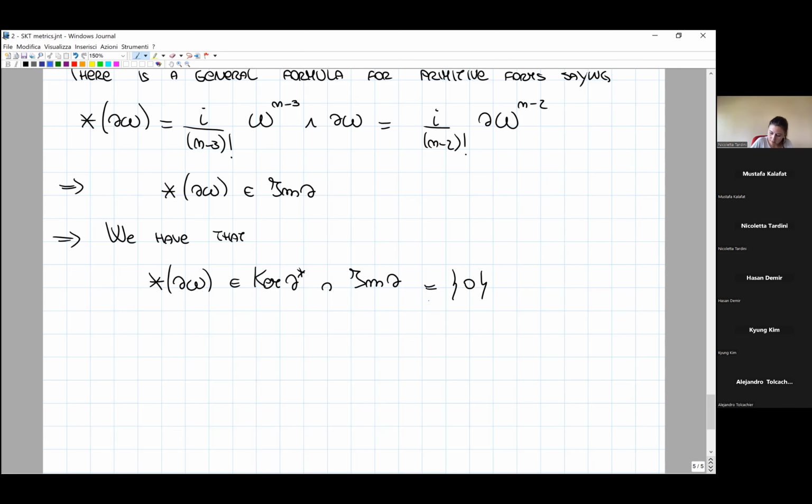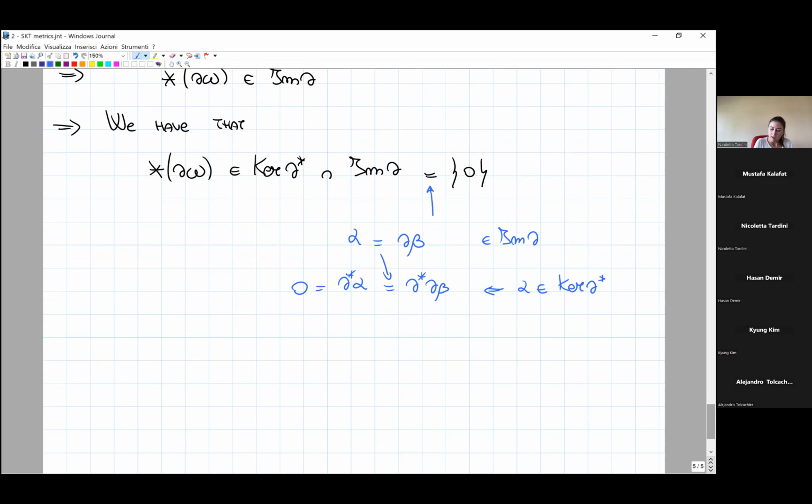If you think about it, if you have a form, let's say alpha, that is ∂-exact, so it's in the image of ∂, so it's alpha equal to ∂beta. But if you also know that ∂* of alpha is 0, so alpha is in the kernel of ∂*, you have that this is equal to ∂*∂beta. Okay, first I'm saying this is in the image of ∂, and here I'm saying that alpha is in the kernel of ∂*. But so we have that ∂*∂beta is equal to 0.